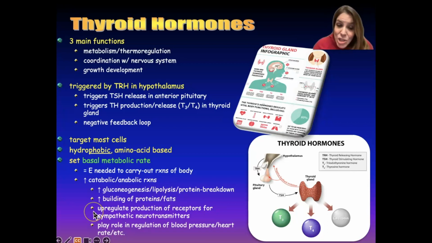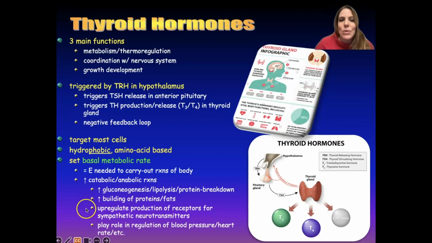Additionally, thyroid hormones are going to, when needed, help in getting neurotransmitters through to other cells. And they're going to do this by increasing the amount of receptors available to bind to sympathetic neurotransmitters, things like acetylcholine.